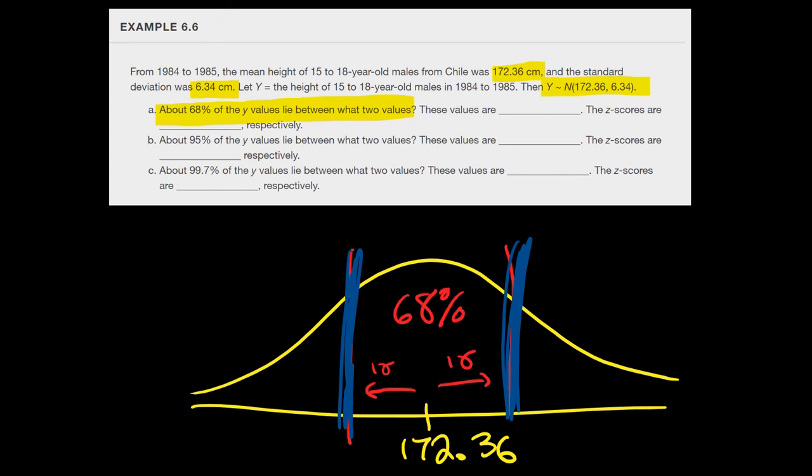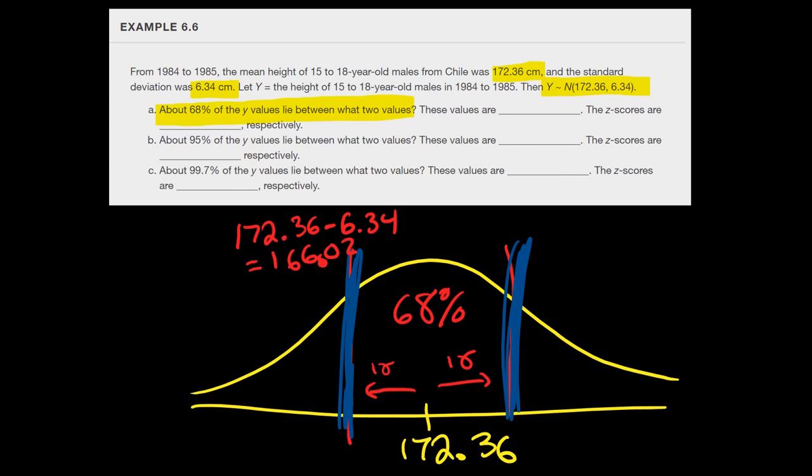To go below the mean, I take the mean, 172.36, and subtract off one standard deviation, 6.34. If you do that subtraction, you'll get 166.02.